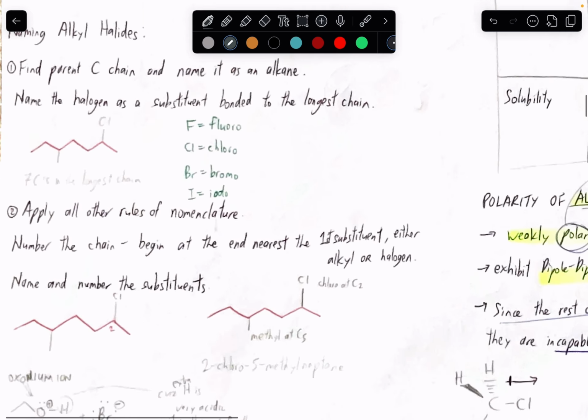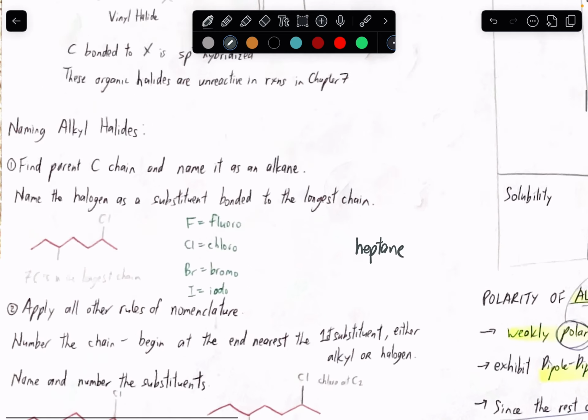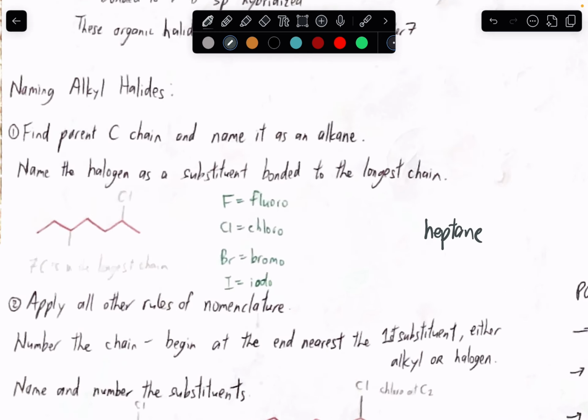So yeah, what is the name of this? You have 7 carbons in the longest chain, so that's hept. Actually, the answer is already here, but where do we start counting the number of carbons, from the right or from the left?